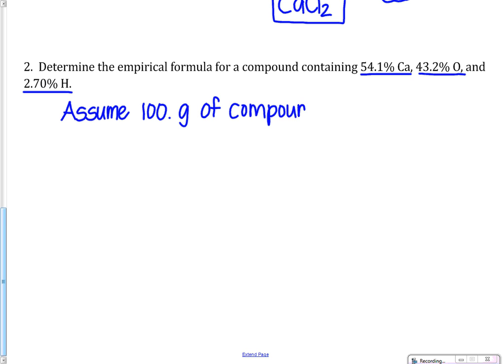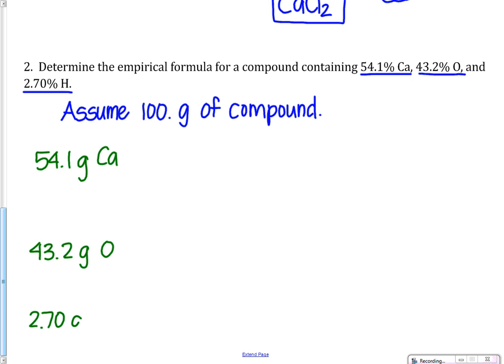Because if we have 100 grams of this compound and 54.1% of those 100 grams are calcium, then it's 54.1 grams of calcium. It's 43.2 grams of oxygen, and lastly, it's 2.70 grams of hydrogen.